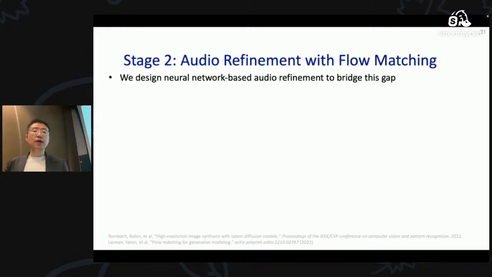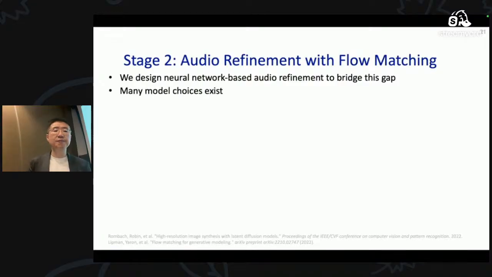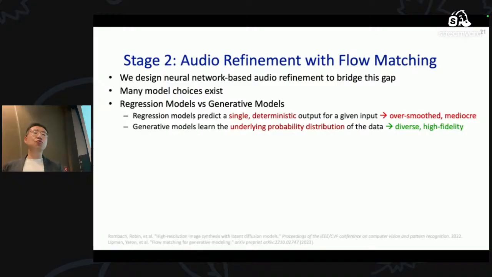Now, stage 2 is an audio refinement network with flow matching, and we use a neural network-based method to bridge this gap. Okay, there are in general 2 model choices. One is a regression-based method, a deterministic model that just predicts those numbers directly, or we can do it in a generative fashion, which is to learn the underlying probabilistic distribution by modeling it as a generative model.